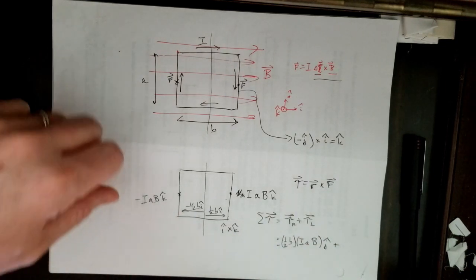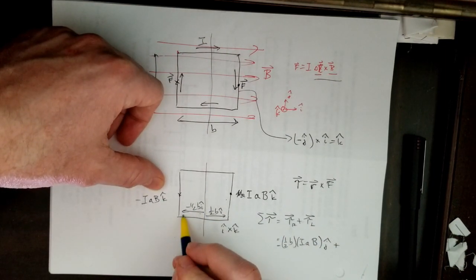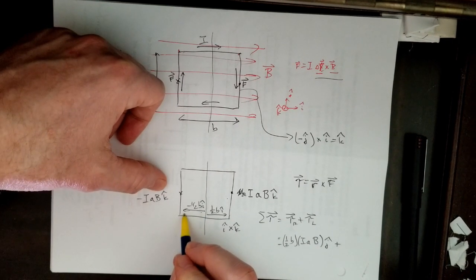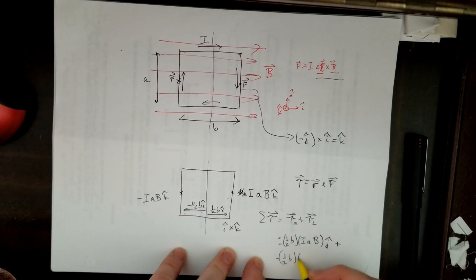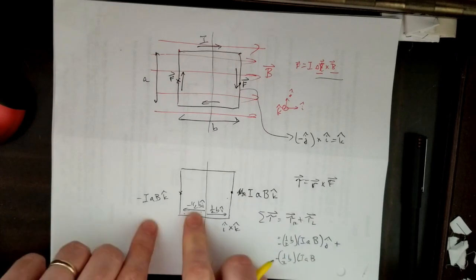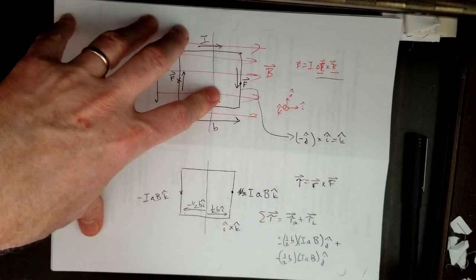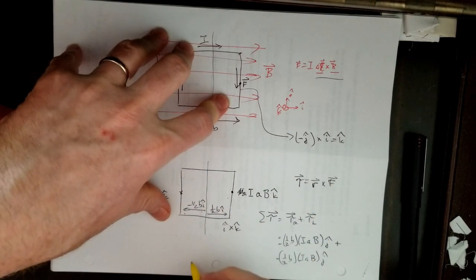Plus on the left side, so this is negative I cross negative K. The negatives cancel out, and we're left with I cross K, which is negative J. So minus 1/2 B times IAB. They're in the same direction, which makes sense that they are both causing it to rotate.